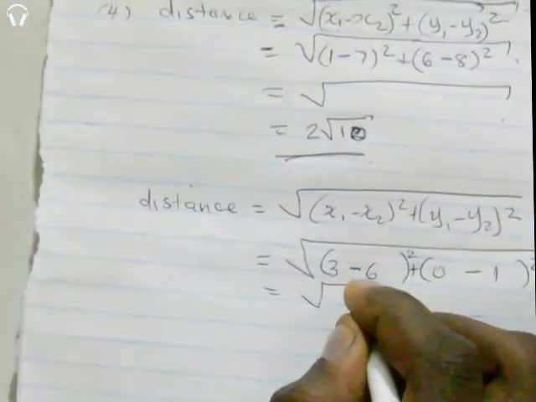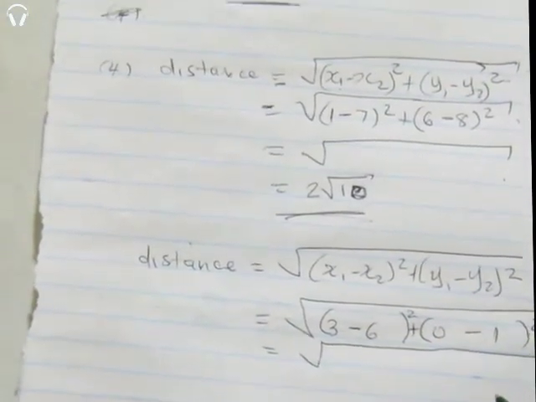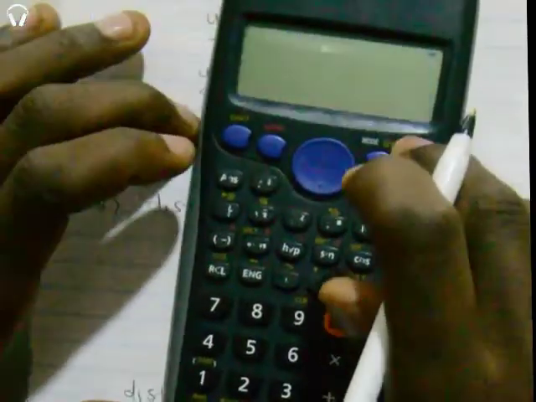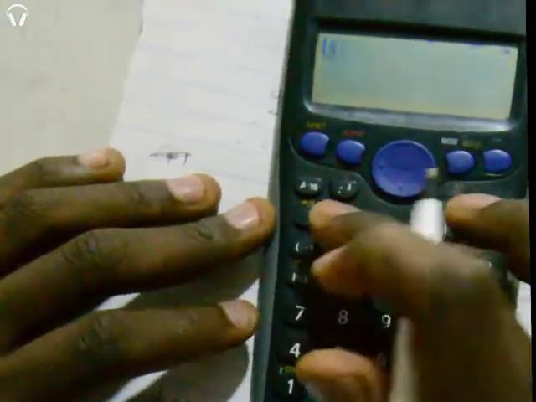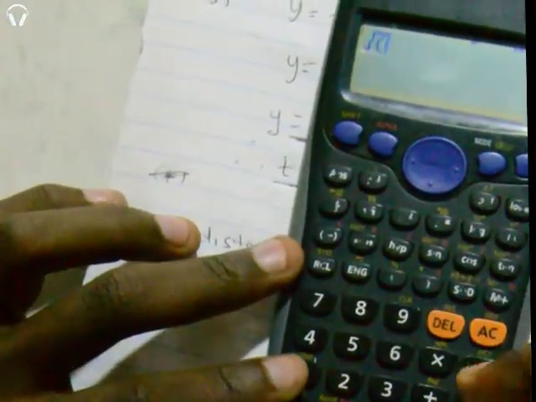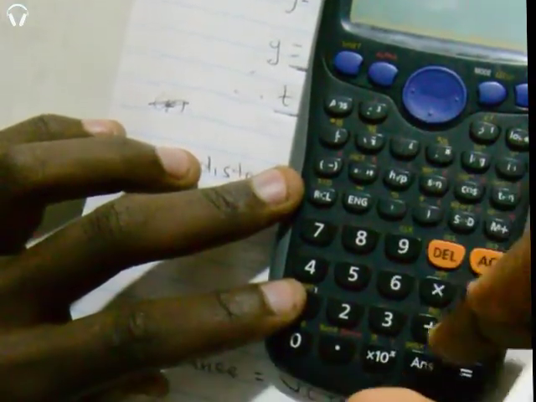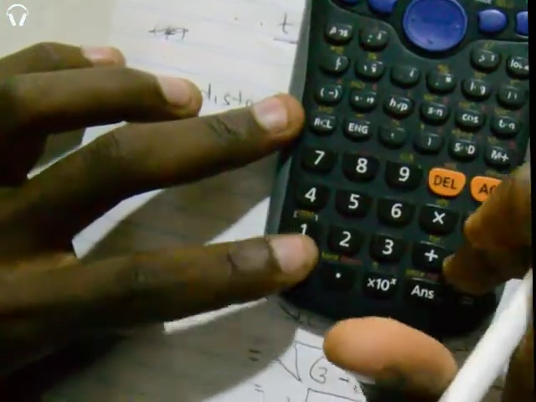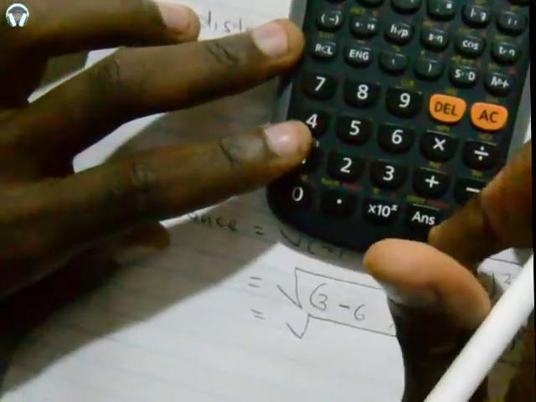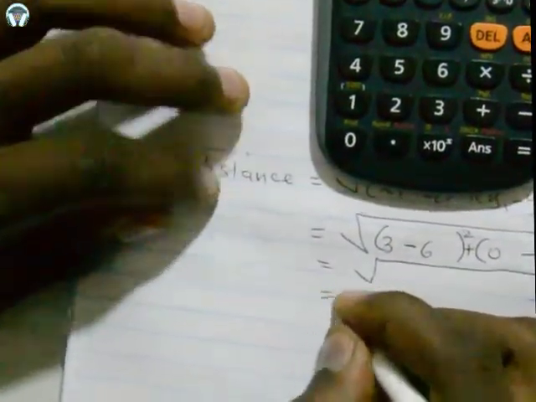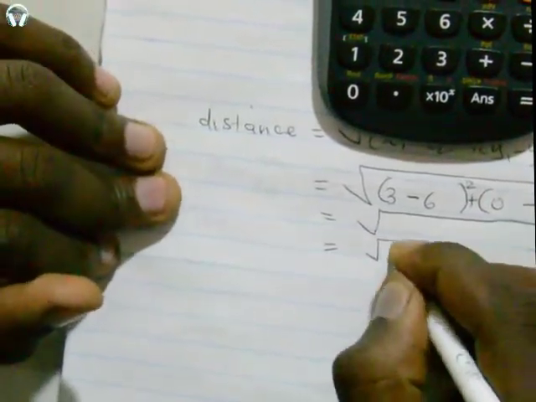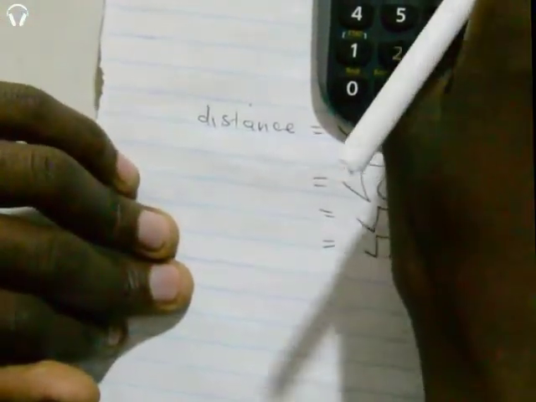From here, the easiest job of them all, plugging into your calculator: the root of (3 minus 6) squared plus (0 minus 1) squared. Our BC length is the root of 10.